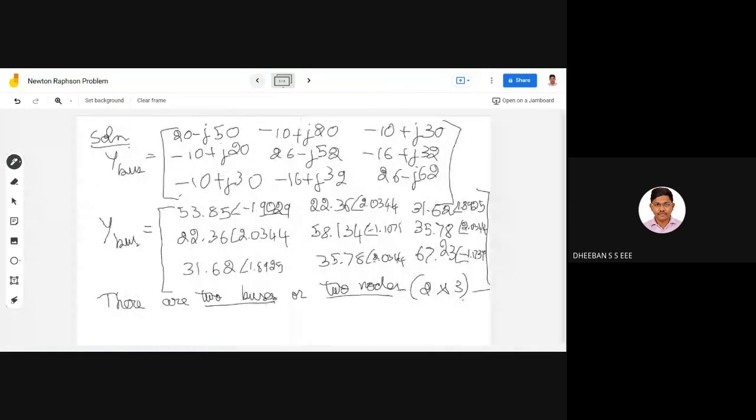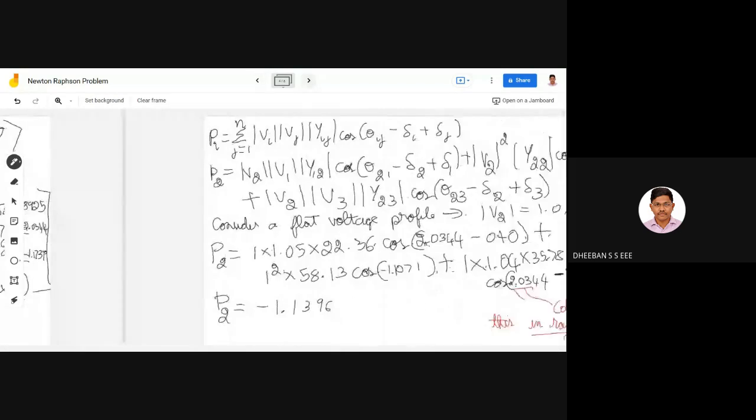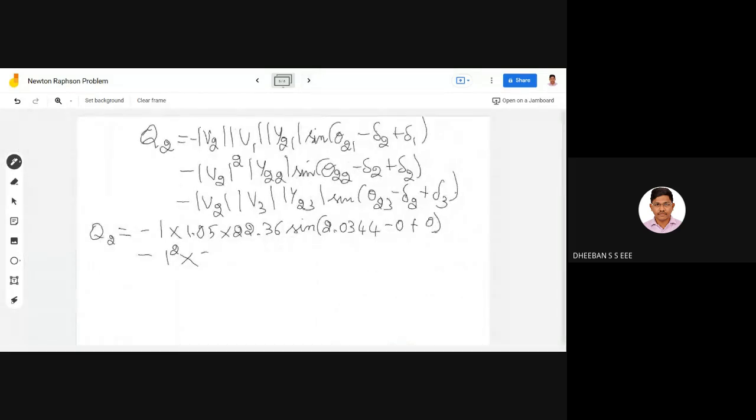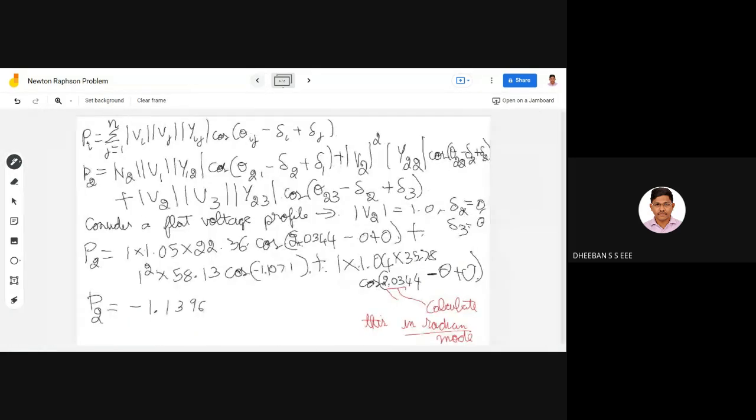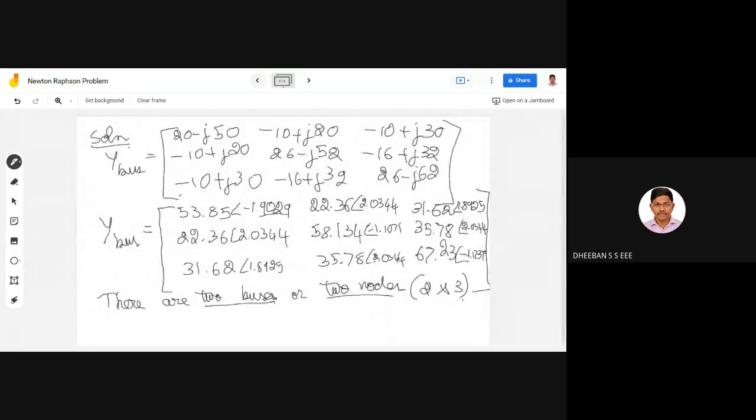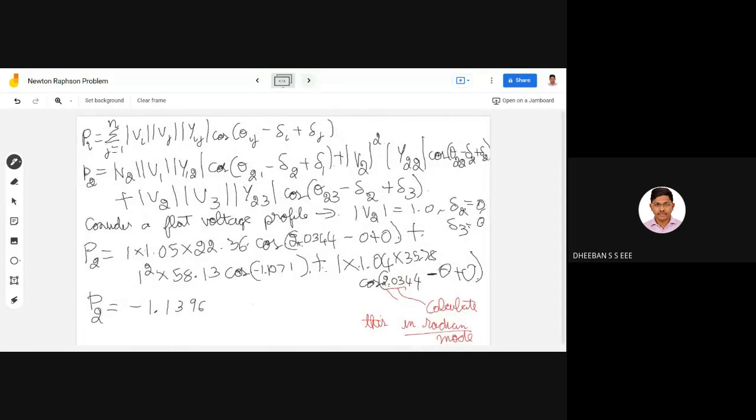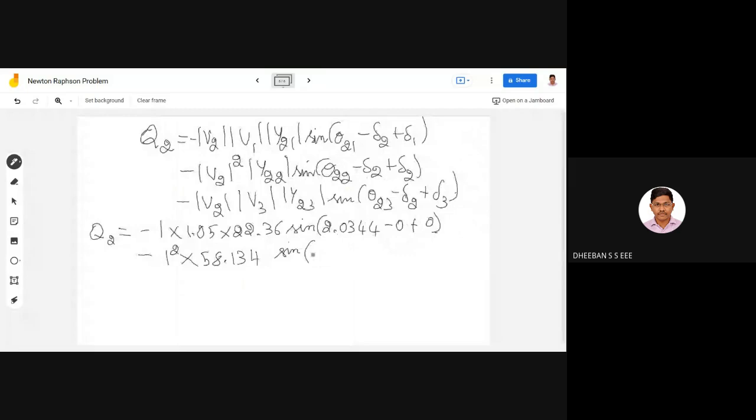So the Y22 value is 58.134 into sine of minus 1.1071 minus delta 2, 0 plus 0.